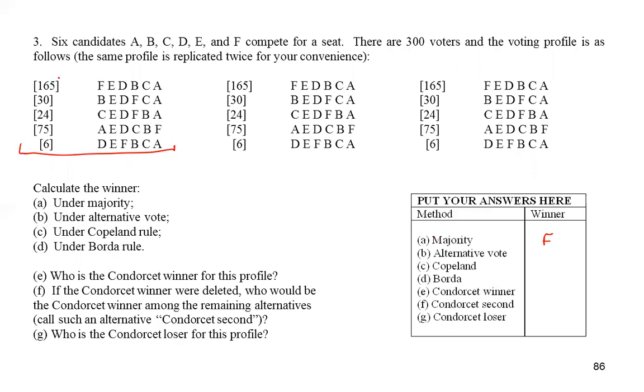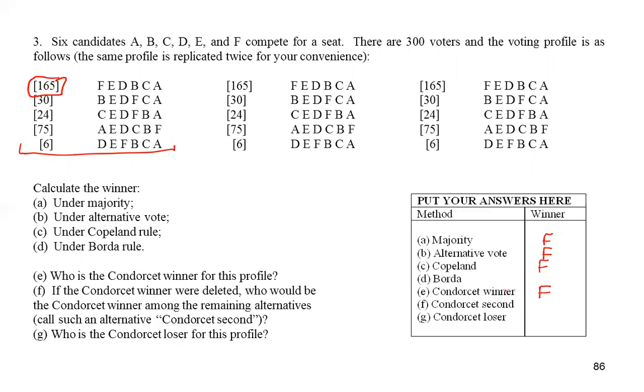And actually, in our case, there is a majority winner: 165 votes out of 300. So if there is a majority winner, there is no application for the procedure for alternative vote. We don't need to start elimination because F is simply the winner in the first round. Copeland winner, well, of course, F is a Condorcet winner, so it is also a Copeland winner.